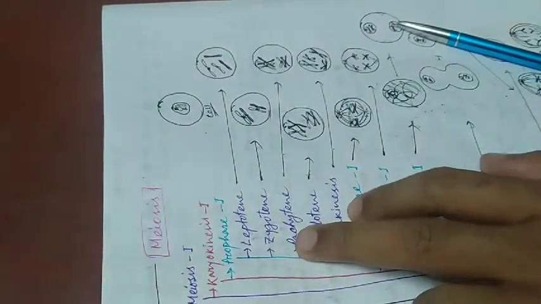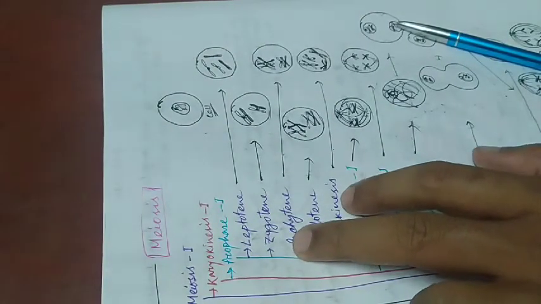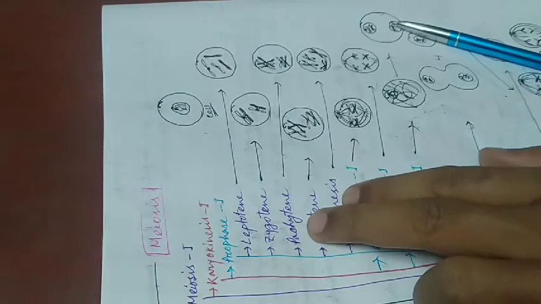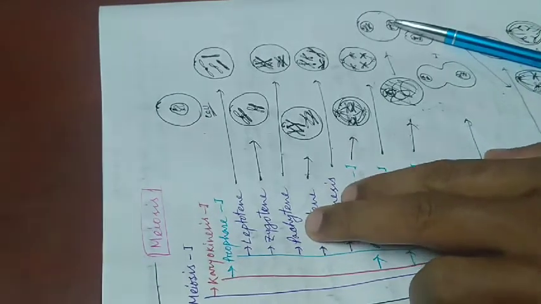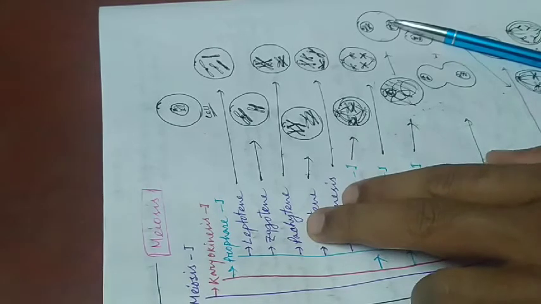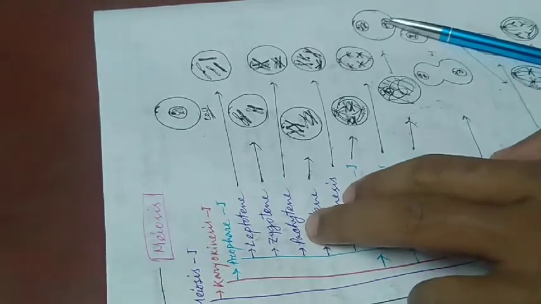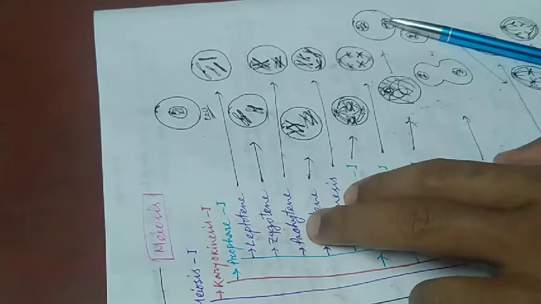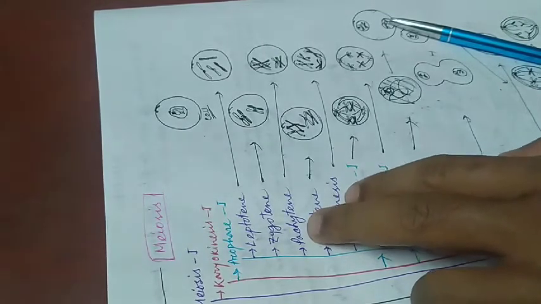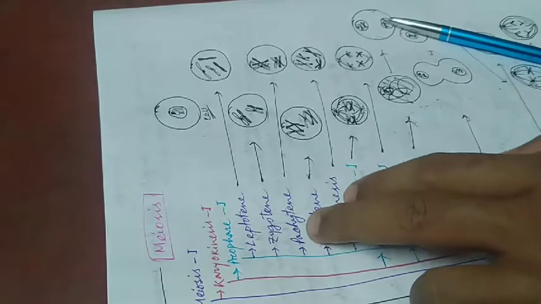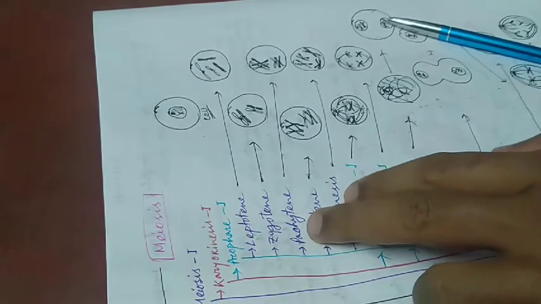For that, at the pachytene stage, each chromosome contains two chromatids. Means in a homologous pair, the chromosomes contain four chromatids. For that, this stage is called tetrad or tetravalent.